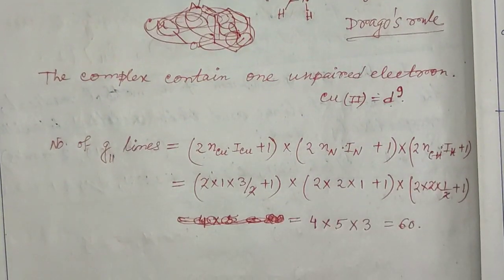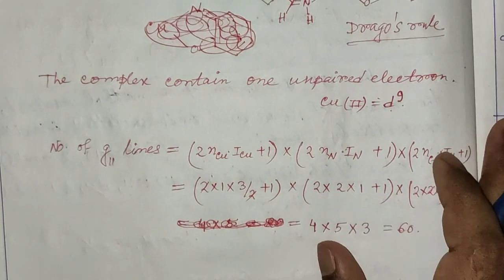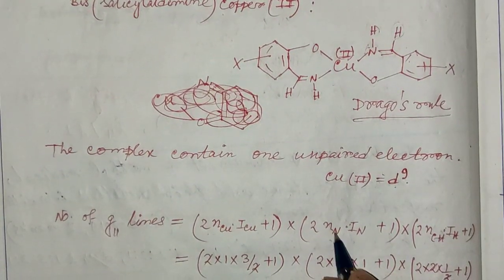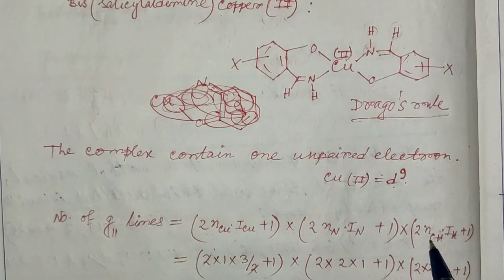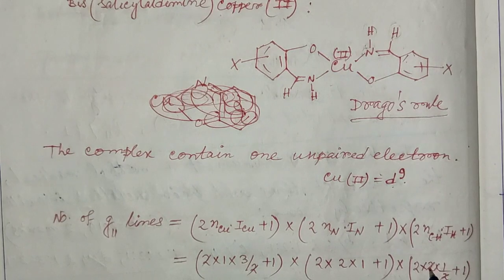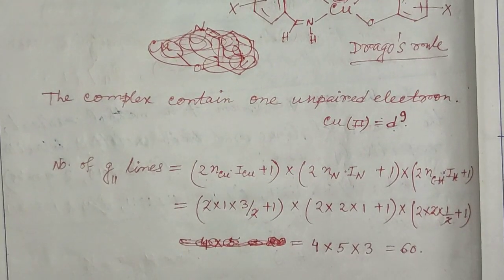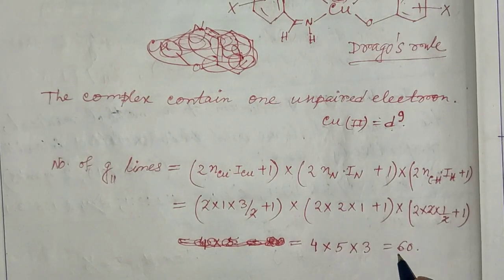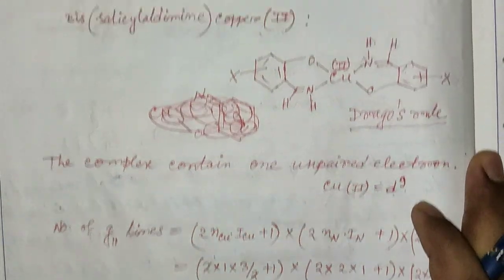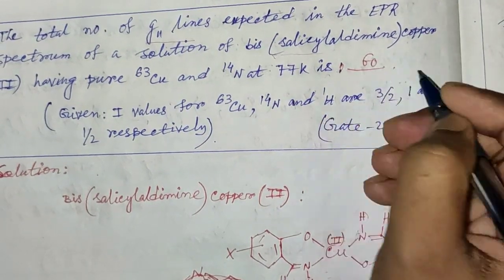So putting in these values, for nitrogen there are 2 nitrogen atoms, so N equals 2, with I_N equal to 1, plus 1, and for CH there are 2 hydrogen atoms attached to carbon, with the I value for hydrogen 1/2, plus 1. If we calculate carefully, we can see that the number of lines is 60. So the answer to the question is 60.